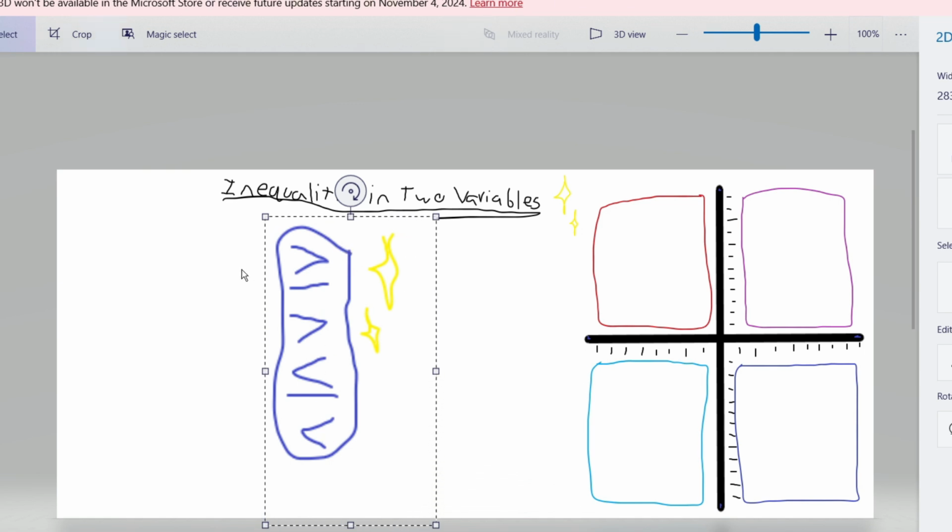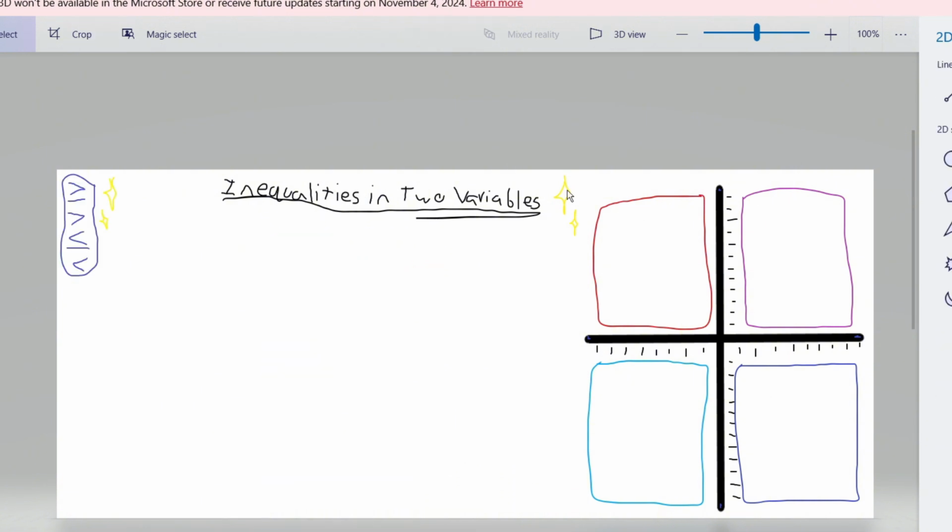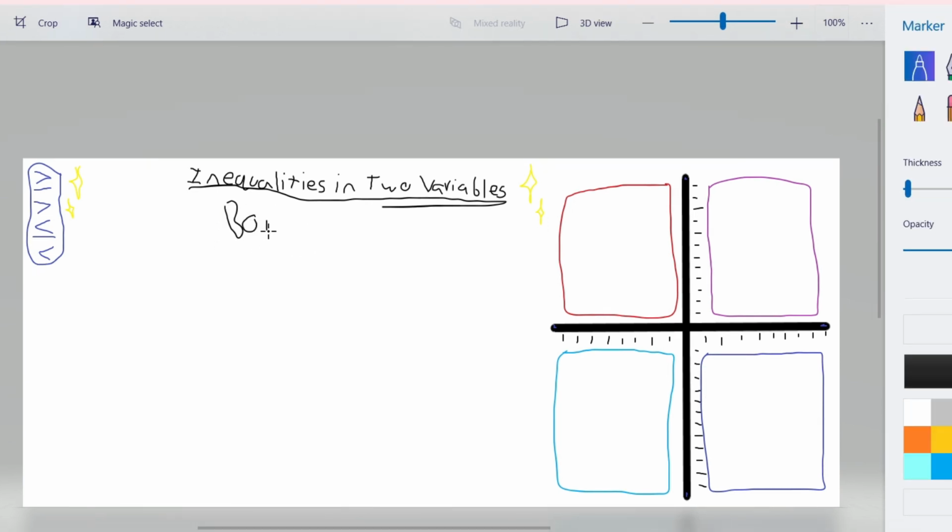These are important to us because these will show us our boundary lines. Boundary, not barrier. This is so we can determine where they go. I personally call these guys alligators, but obviously it's greater than and less than.